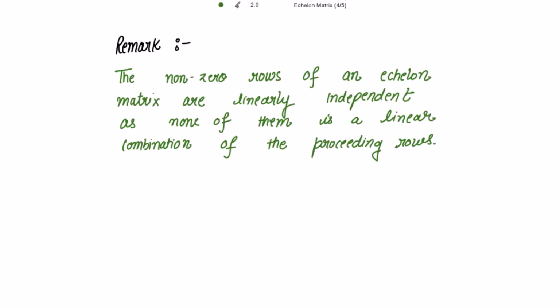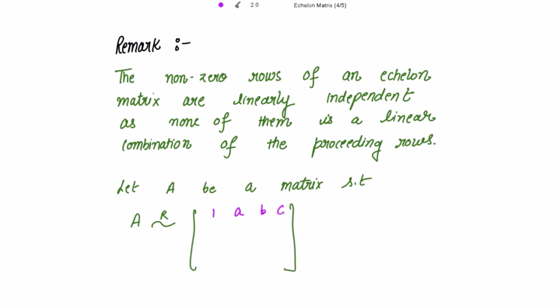Next, there is a remark. The non-zero rows of an echelon matrix are linearly independent, as none of them is a linear combination of the preceding rows. For example, let A be a matrix such that on applying row operations on A, I get the matrix with rows 1, A, B, C; then 0, 1, D, E; then 0, 0, 1, F; then 0, 0, 0, 1.